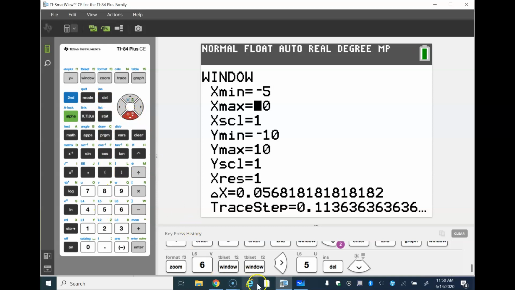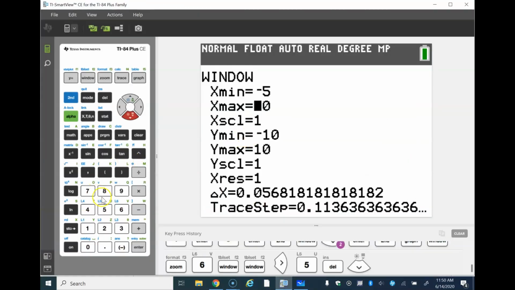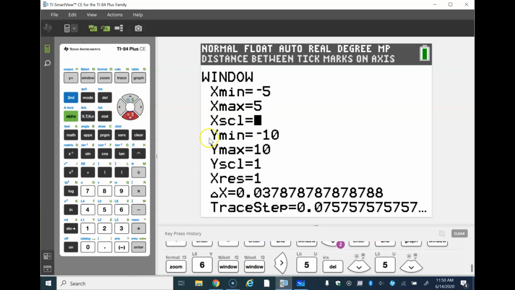Go down to the x max. That's going to be 5. The scale, when it says x scale, means how many little tick marks it goes up by, how much you're counting going up. So we're actually going up by ones, which is fine for this one.